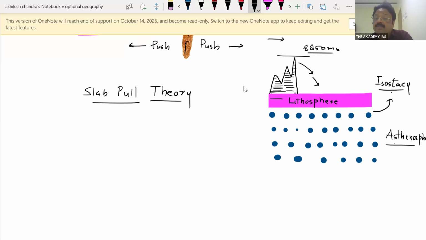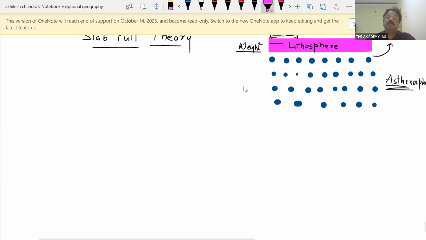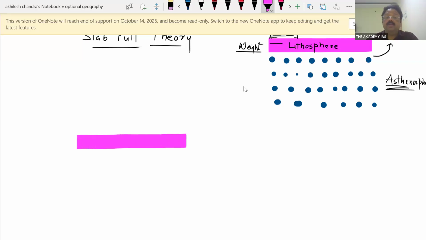Here the entire weight of the slab is actually balanced. But what happens when this isostasy gets breached, then the asthenosphere is not at all bearing the weight of that subducted part. And it happens when there is subduction that takes place.